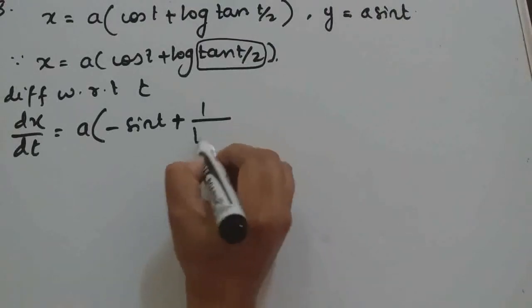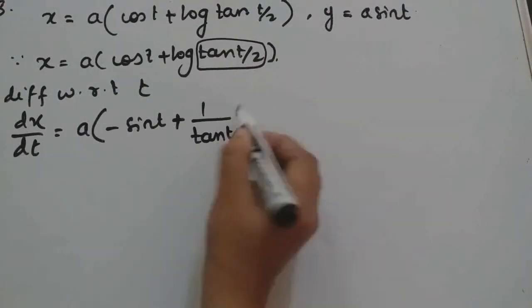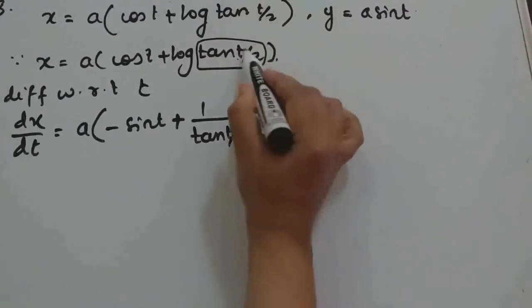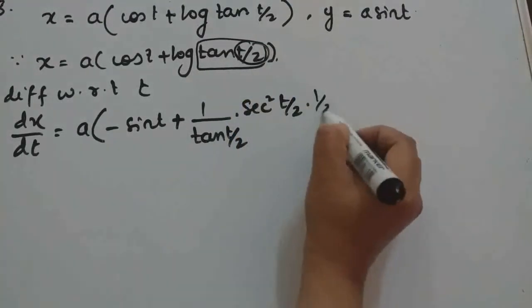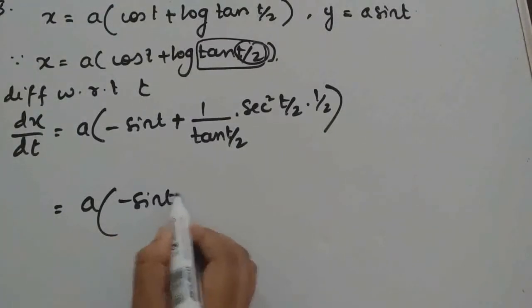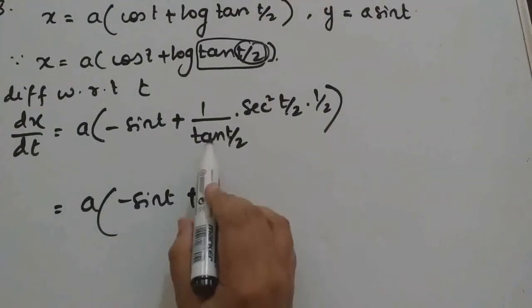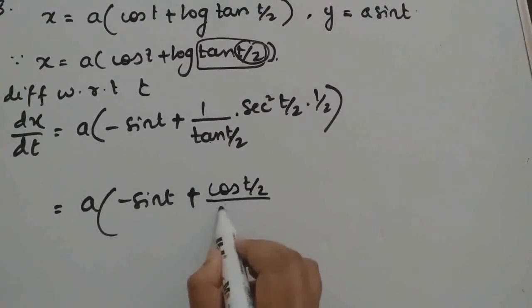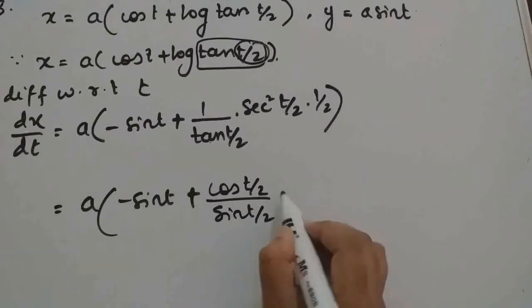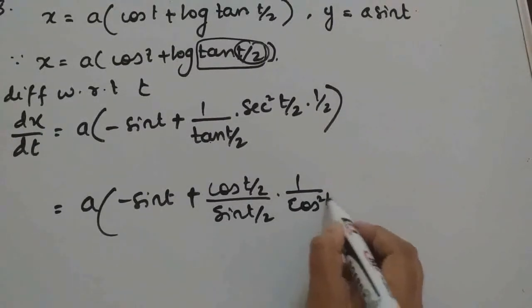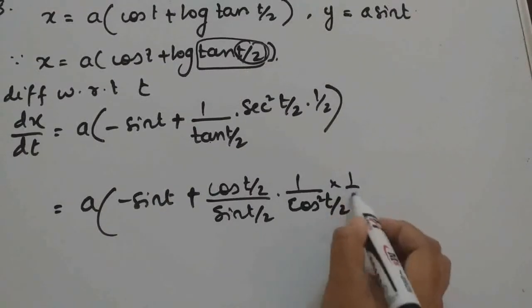So 1 by tan t by 2, then derivative of tan is sec square t by 2, then derivative of t by 2, that is half. So see, tan we can write sin by cos, and this we can write 1 by cos square t by 2, half is there.